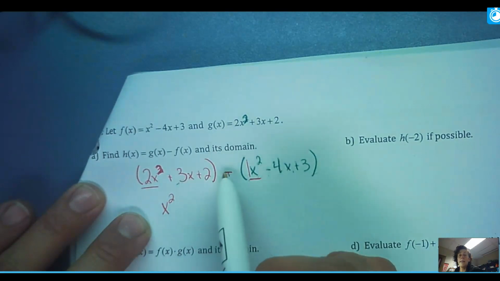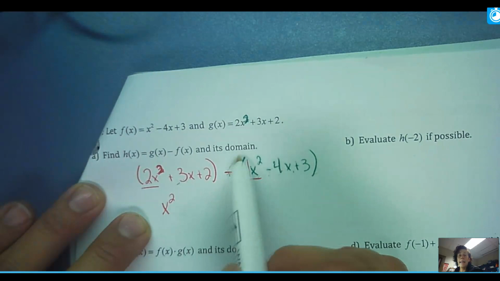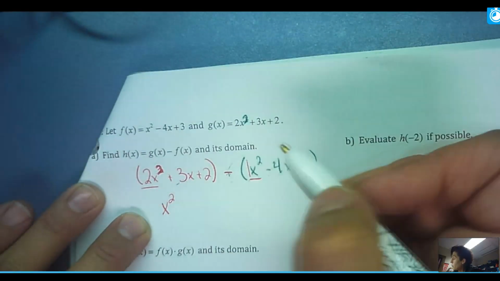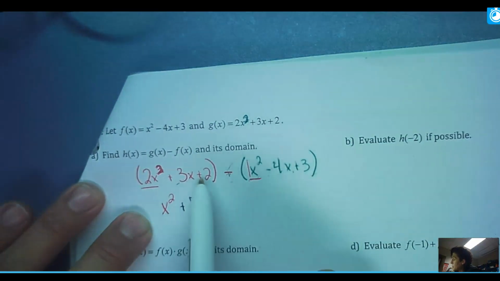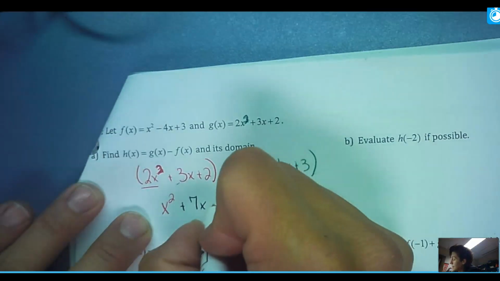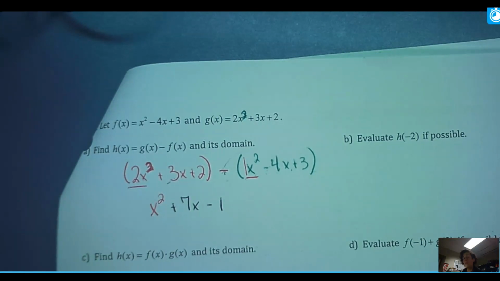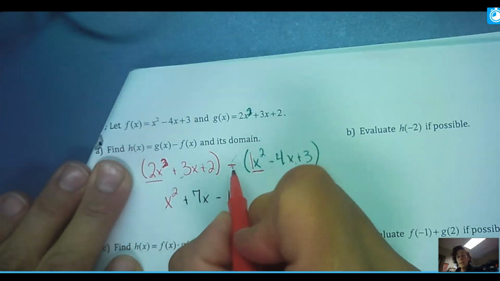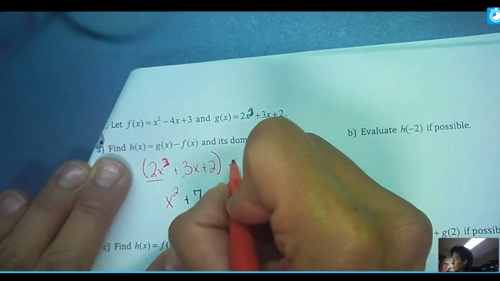So 3x subtracting 4x is actually like 3x adding 4x, which would then make it 7x. And then when I take 2 and I subtract this 3, this gives me -1. To me, that's a little confusing. So what I like to do, since I'm better at addition, is go to the subtraction in between my 2 functions and turn it into addition.